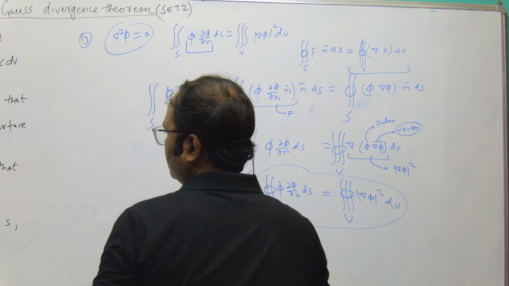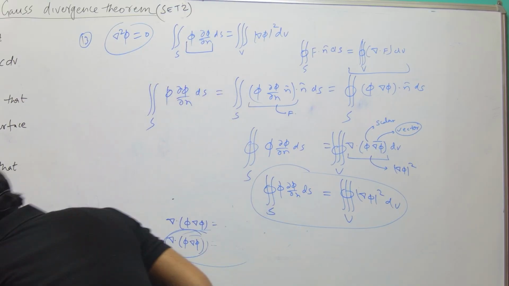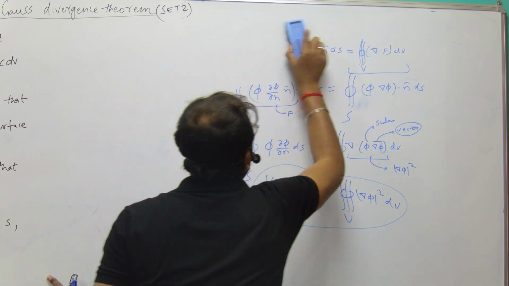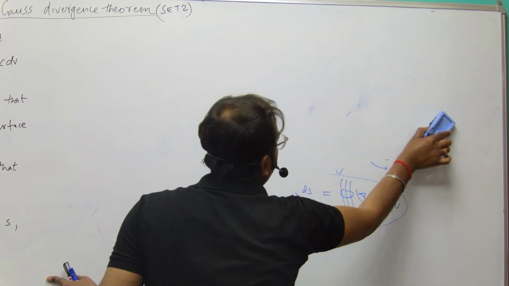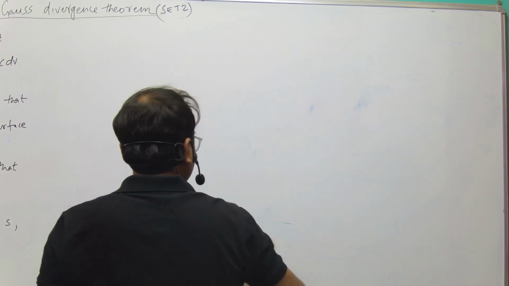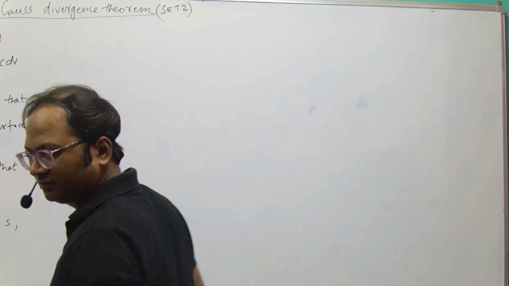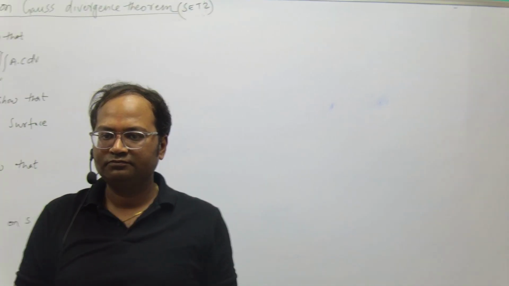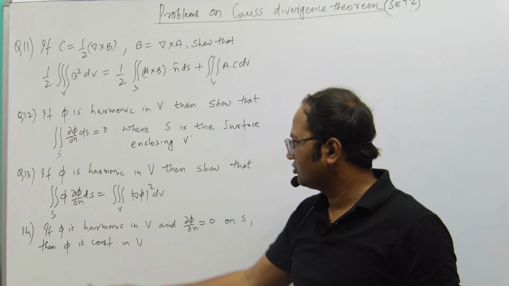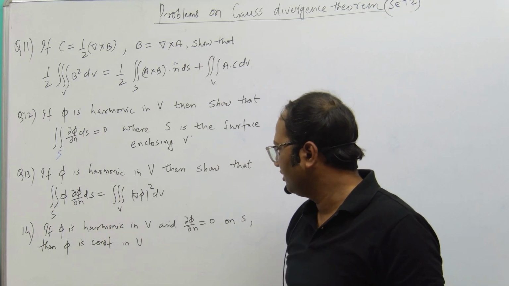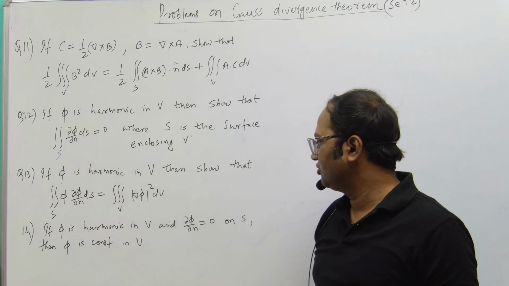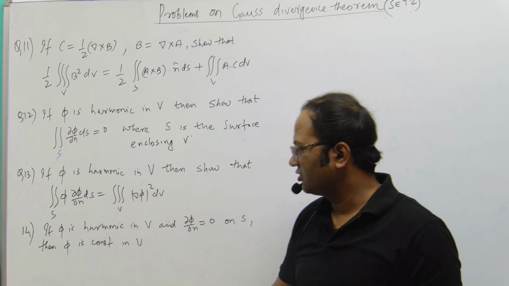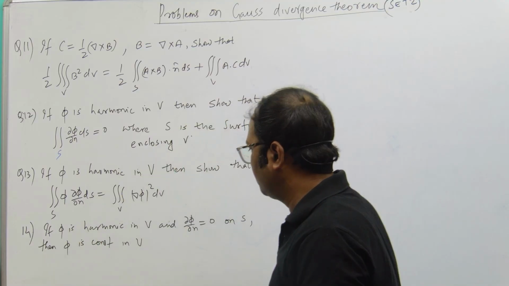Now let us discuss question number 14. If phi is harmonic in V and del phi upon del n is equal to 0 on S, then phi is constant in V. This is based on question number 13, so let us write down the result of question number 13.